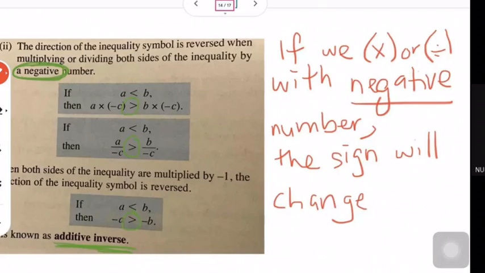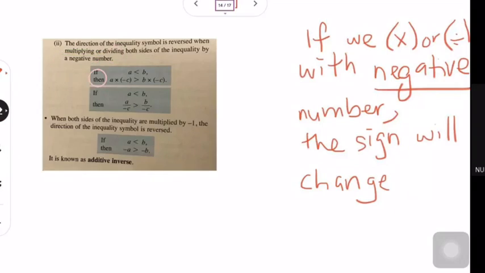For example, let me give you a numerical example. Okay, for example, negative 2 is less than 5, isn't it? Kan? Negative 2 is less than 5. What if we multiply with negative 1? We multiply with negative 1. Bila we multiply, we must multiply with both sides, right?